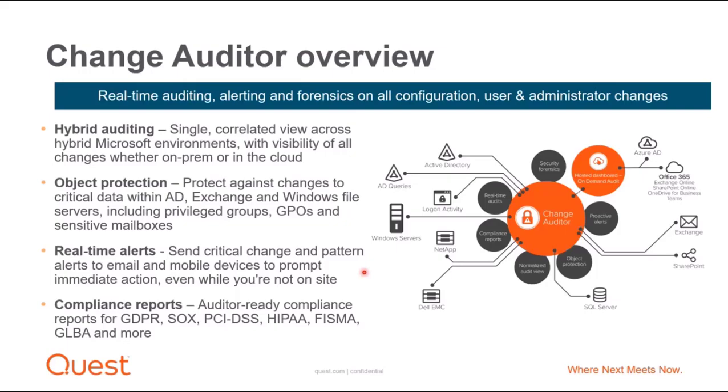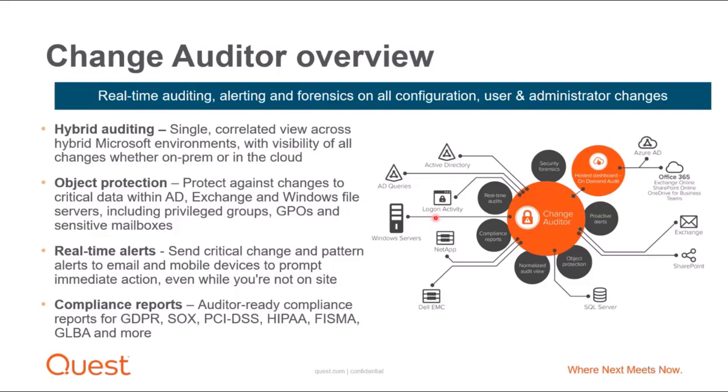As you look at the little diagram on the right-hand side of the screen, it also shows different licenses that could be added into Change Auditor to help protect your environment. So I mentioned Windows file servers. We do AD queries, Exchange and SharePoint, as well as logon activity, knowing what users are actively logging on to various systems within your environment.